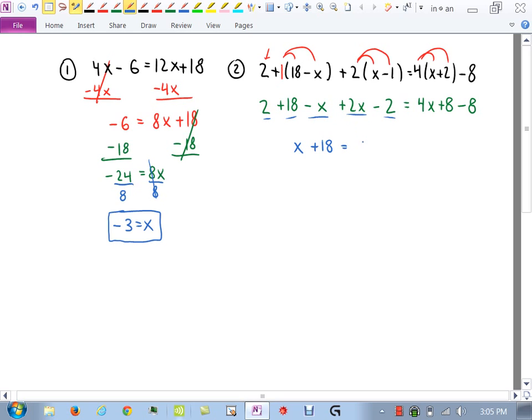And then on the right side, the 8's cancel. Now I try to isolate my x term, so I'll subtract x. When I do that, I get 18 equals 3x. Now I'll divide both sides by 3, and I get 6 equals x. So that's answer number 2.